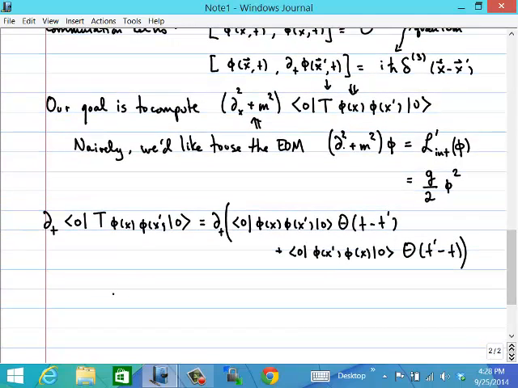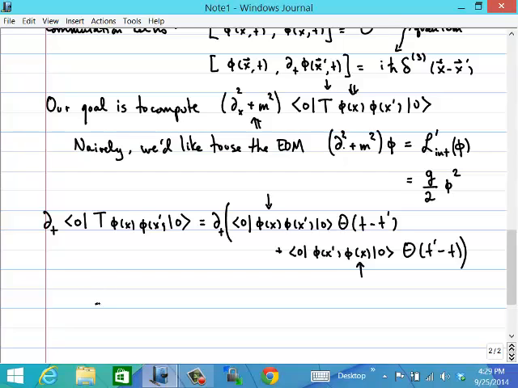Okay, so let's go ahead and take some derivatives. So the first thing that will happen is that the derivative will just act on this term here. Okay. And likewise, you can have the derivative acting on this term here. Okay.